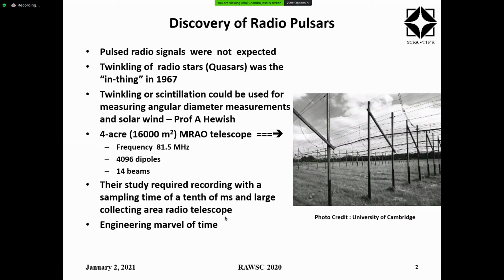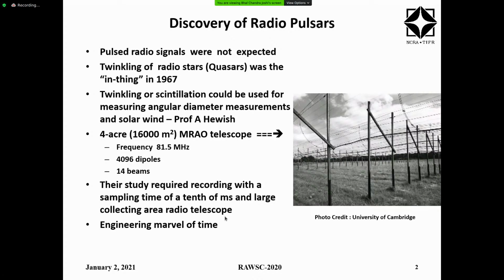And what Professor Anthony Hewish, who went on to get a Nobel Prize later on, was doing was he was looking at twinkling of radio stars, or what is also known as scintillation of radio stars, using a method called interplanetary scintillation. Okay. And he did this using a telescope near Cambridge.